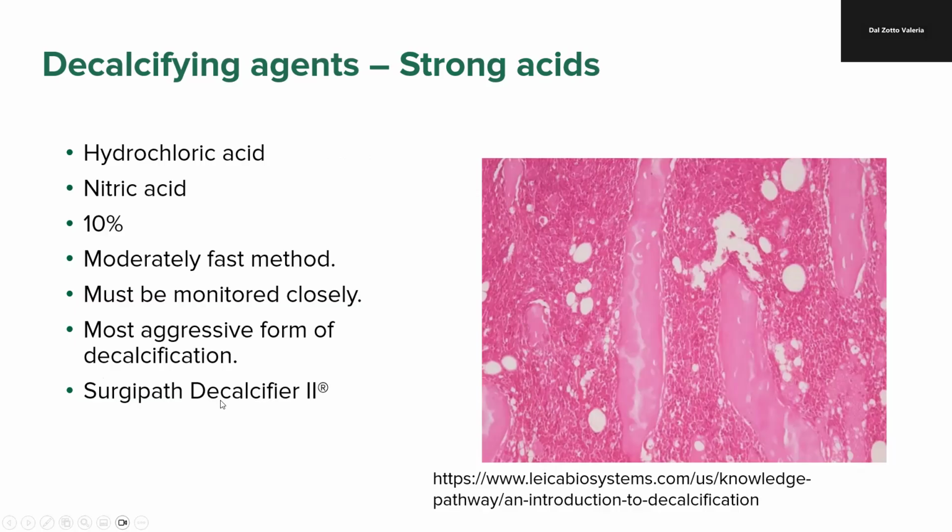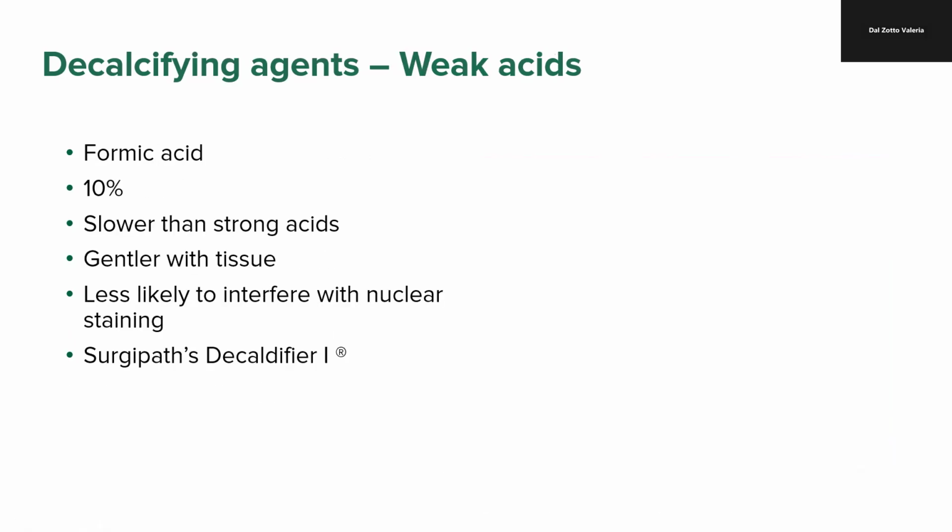It comes in gallons, and you will find it in the grossing room, and use it especially for cortical bone and strong compact bones.